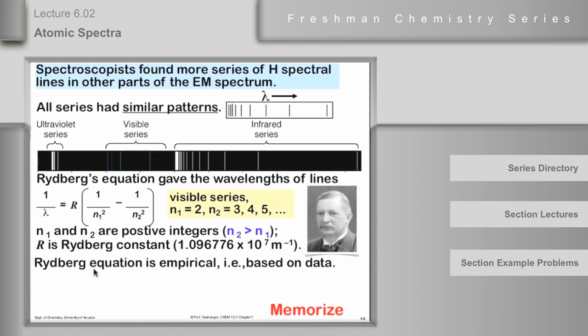Okay, remember the Rydberg equation is empirical. It's based on the data. He took the data and worked backwards from the data to get an equation that fit the data. Well, you may think, well, that's not science, is it? But it is science, because the equation has within it some insight, or at least we can get insight from that equation about what atoms must be like.